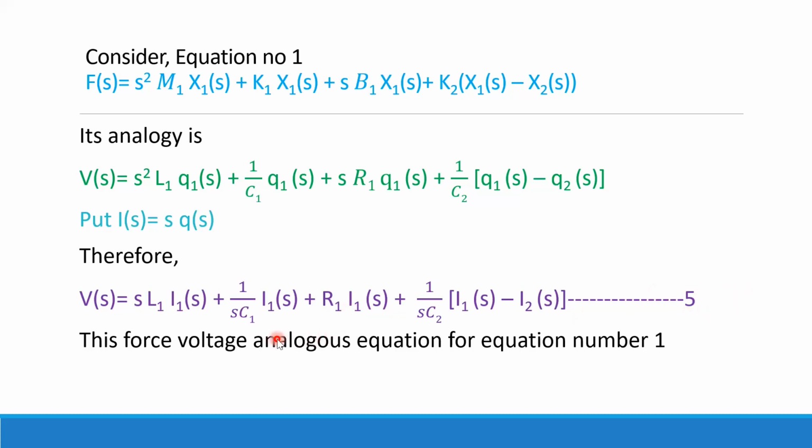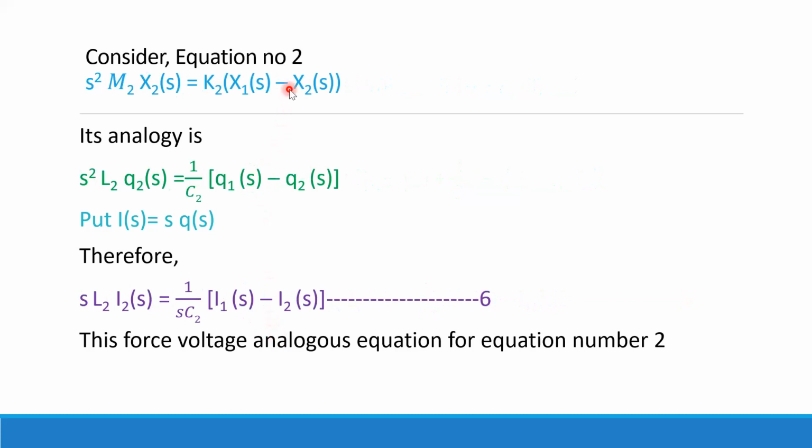Okay. Similarly, consider equation number 2. This will also get replaced by L, this will get replaced by Q, this will get replaced by 1 by C, and if you put I of s is equal to s Q of s, you will get the analogous equation for equation number 2.